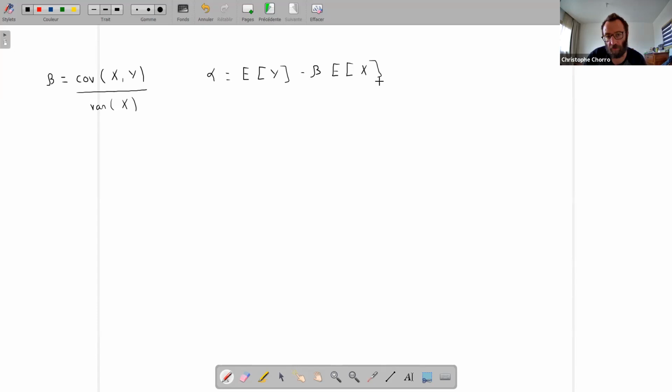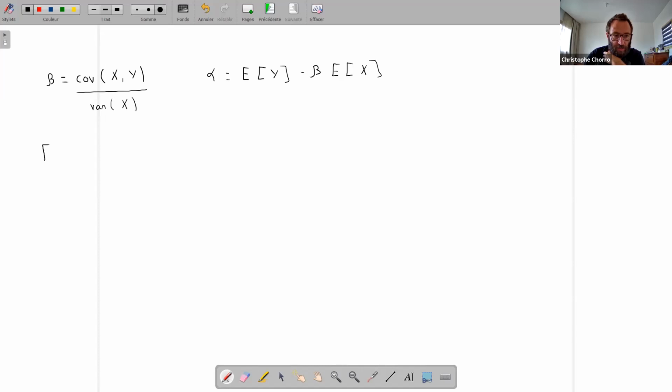So I can express alpha and beta with quantities that involve only x and y as random variables: the expectation of x, the expectation of y, the variance of x, and the covariance between x and y.